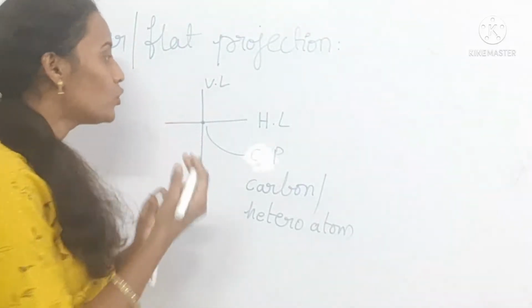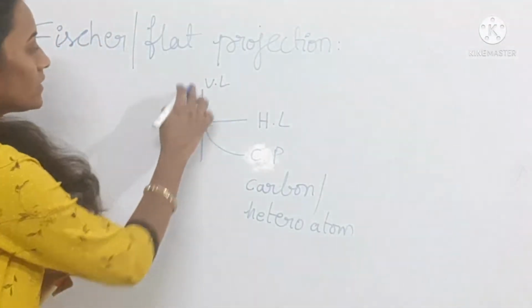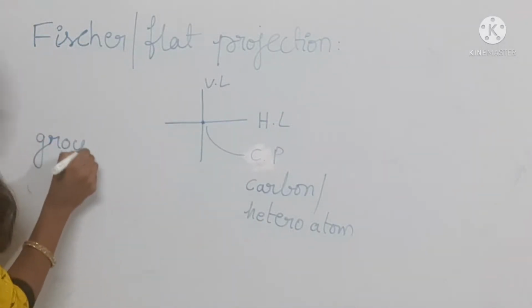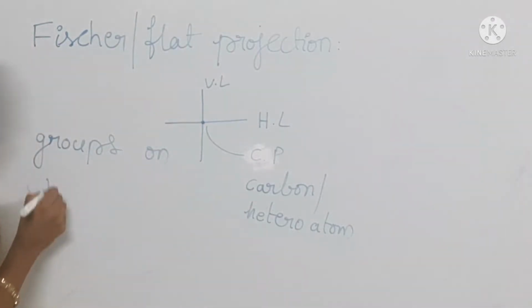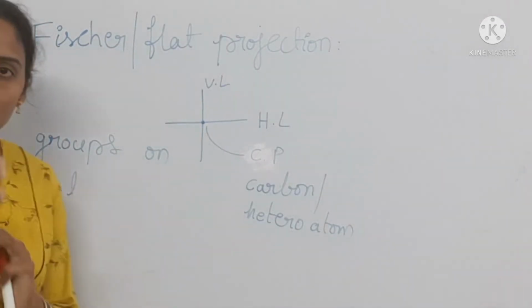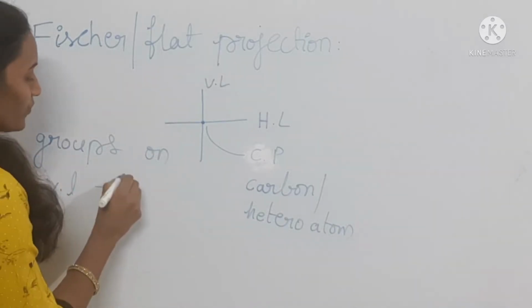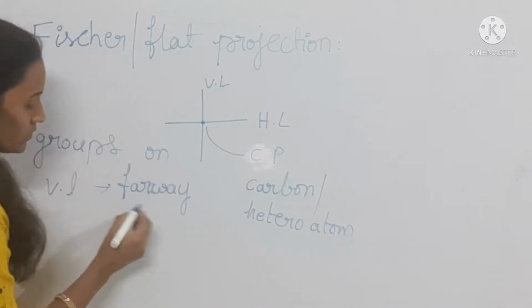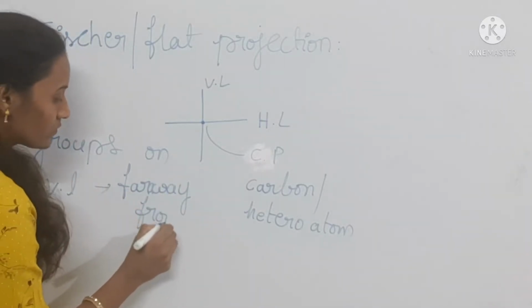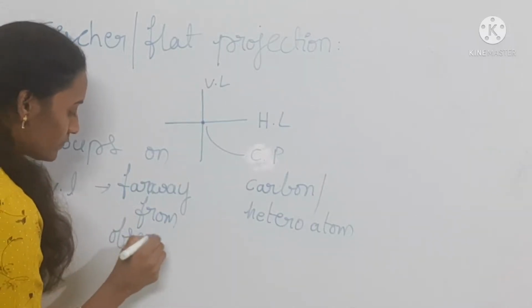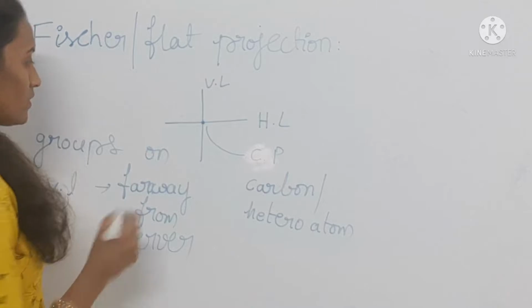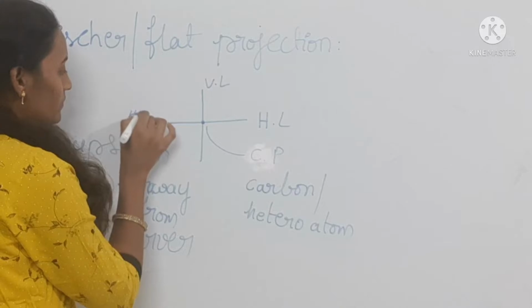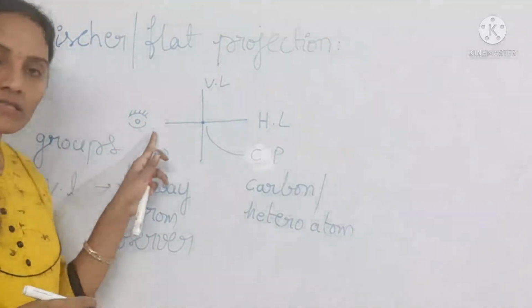See, the groups present on the vertical line are far away from the observer. Okay, see, this is a human eye. Just imagine the observer is here.